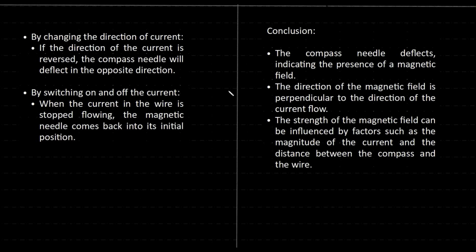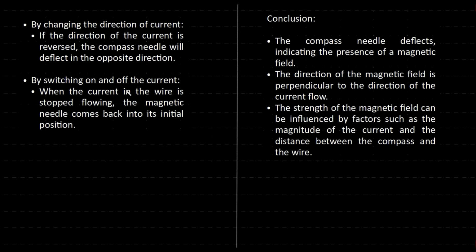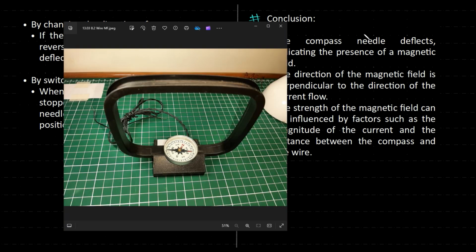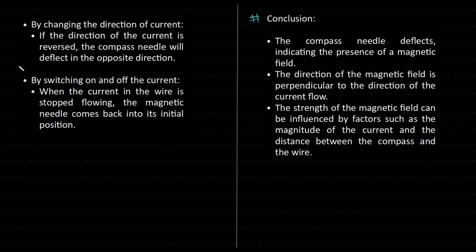By changing the direction of the current, by switching off and on, we have done all of this other than increasing the amount of current. That I was not able to show you guys. It will be there instead of videos.